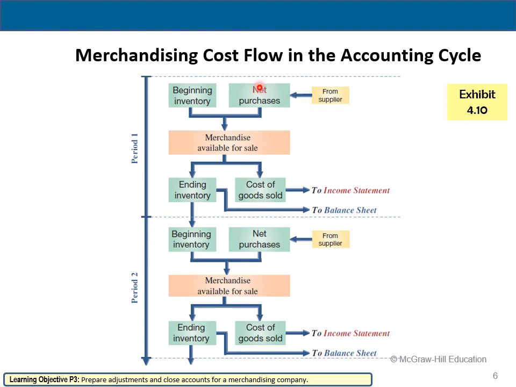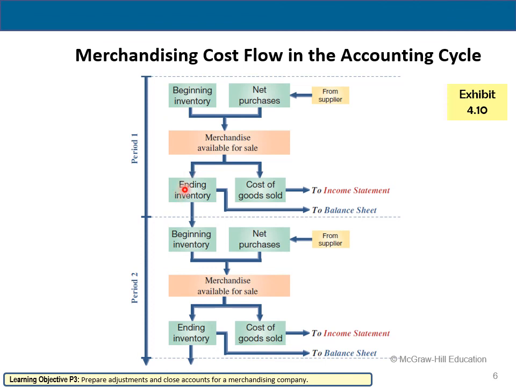During the period, purchases made from a supplier less returns is net purchases, and beginning inventory plus net purchases gives us merchandise available for sale.